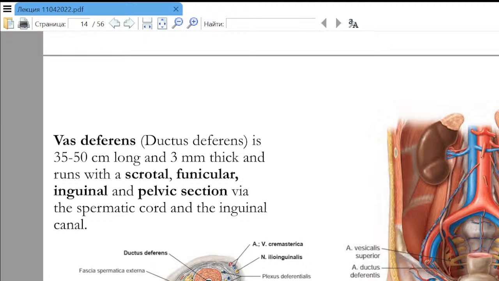This is the scrotal part, this is the canalis inguinalis, and next the funicular and inguinal part and the pelvic section.